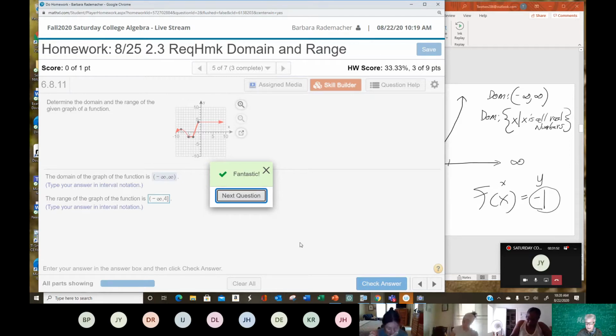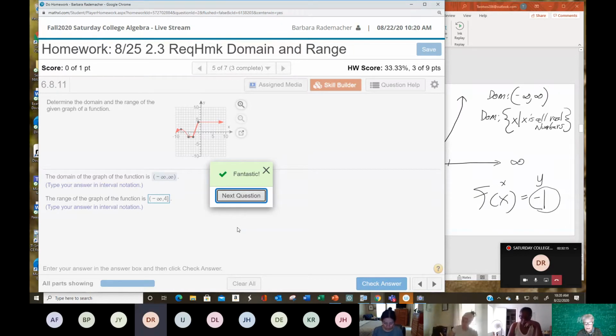Very good. More questions. This is confusing. I know. I remember being a student. So when we are using infinity signs, we always use parentheses. Yes, you do for infinity signs, whether it's negative infinity or positive infinity.